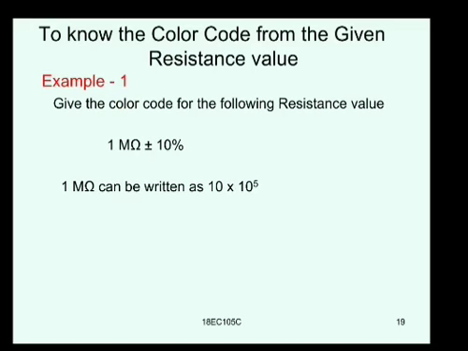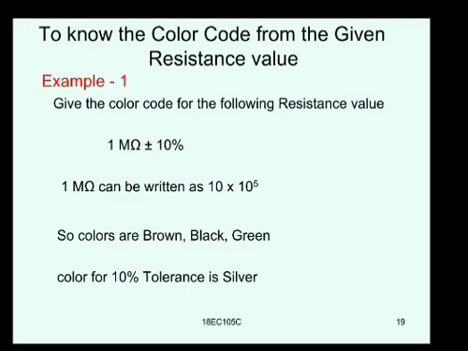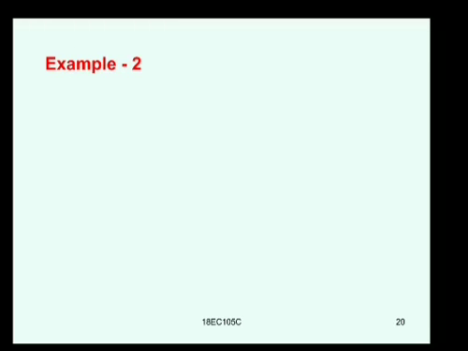So that is 1 and 0. 1 is brown, black will be 0, green is 5, that is 10 to the power of 5. And now coming to tolerance. What is the color for 10%? It is silver. Okay, so the color bands will be brown, black, green, and silver.